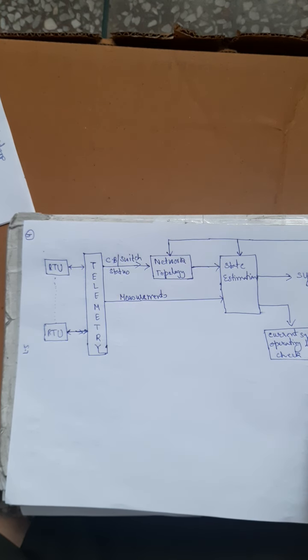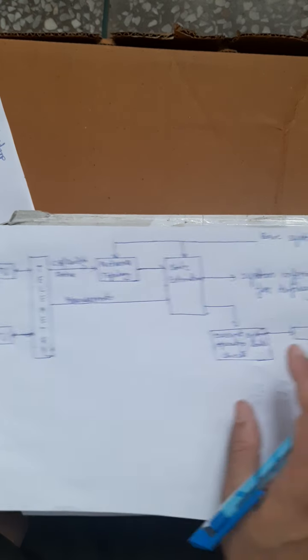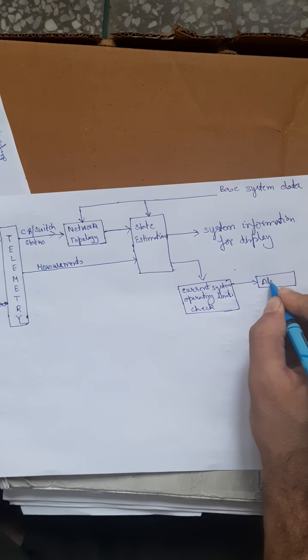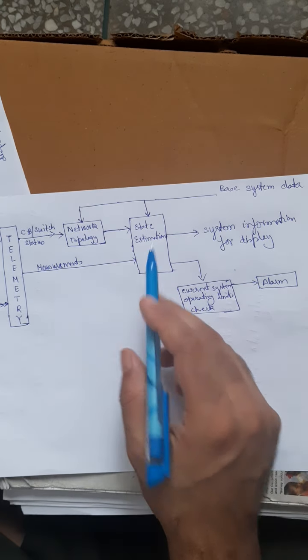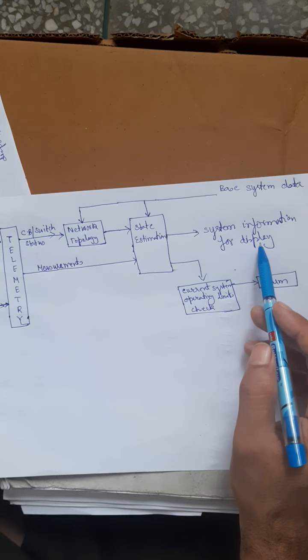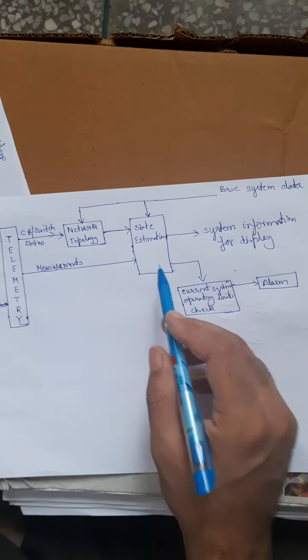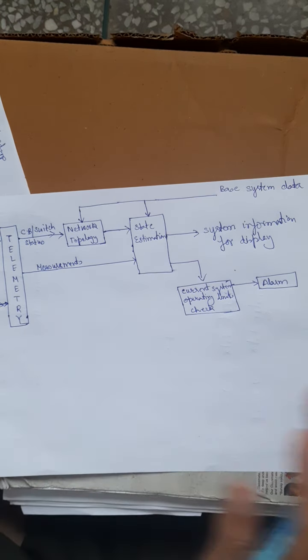If there is any violation in the system, an alarm signal will go. Okay. So once we have calculated all the values, they will go to the display for information, and with the help of this information we will check if there is any violation in the limits.